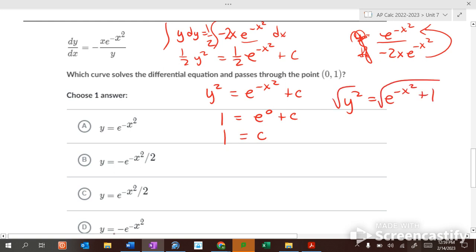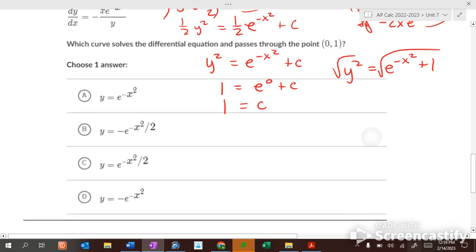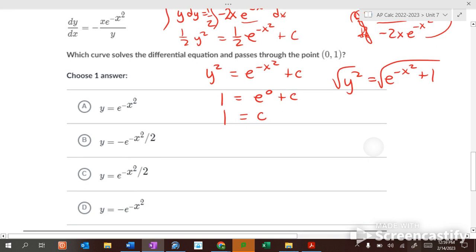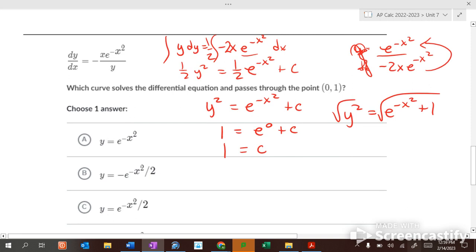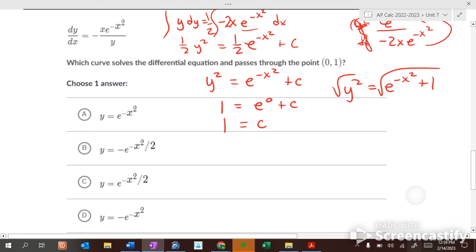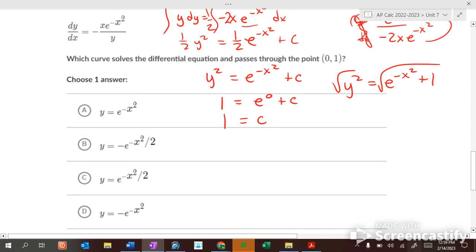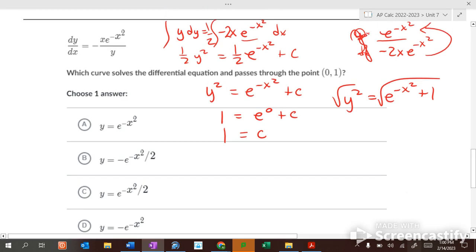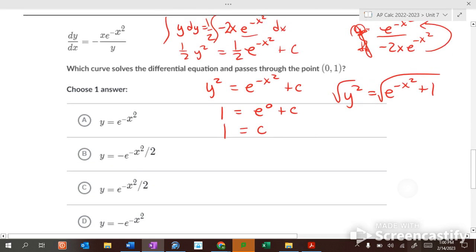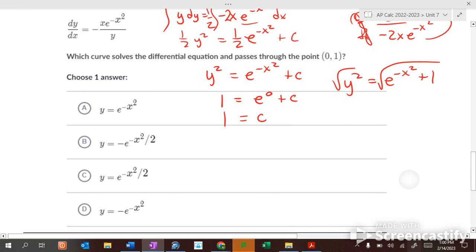Take the square root of each side. Ooh. Dang it. That didn't work, Mr. Bierschbach. I wonder if I had to take the square root first and then solve for c. You wouldn't think I would have to do that. I wonder.